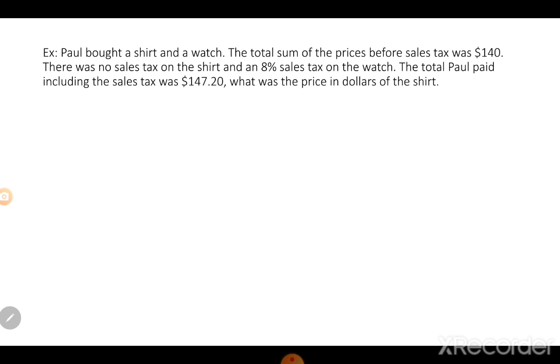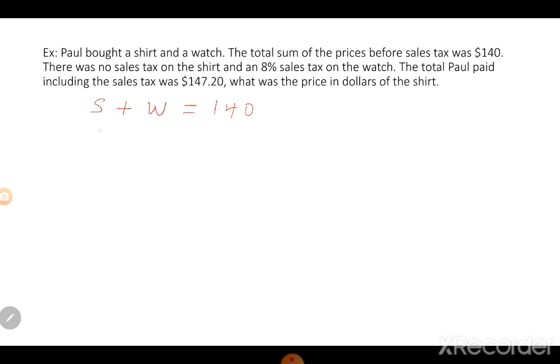So we're looking to generate two equations because we have two unknowns. We have the shirt and the watch. We do not know the price of either one. But what we do know is that the price of the shirt plus the price of the watch without sales tax is $140.